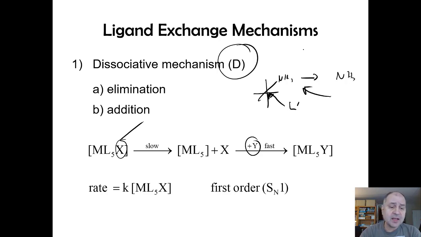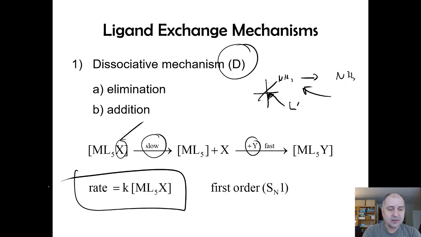That means the rate determining step depends on how fast X leaves, and once X leaves, Y can come in and attach. So that's the fast reaction. We have a first order rate law, where only the concentration of the coordination complex matters, and not the concentration of Y. So that's irrelevant. It's first order kinetics for a dissociative mechanism.